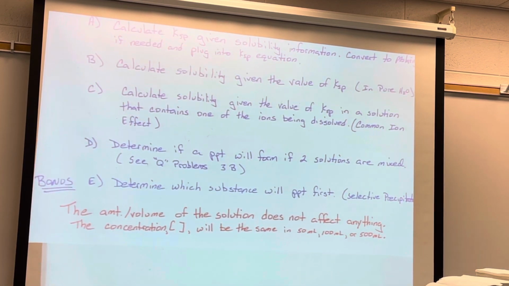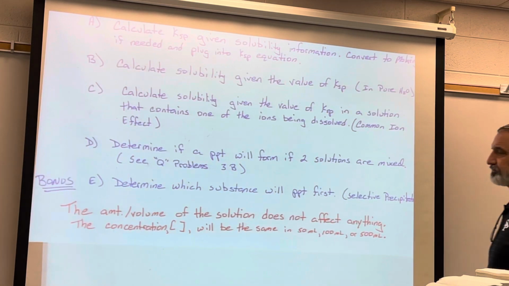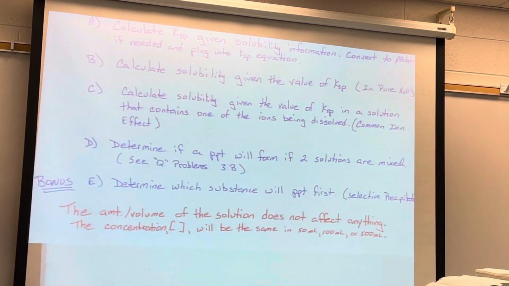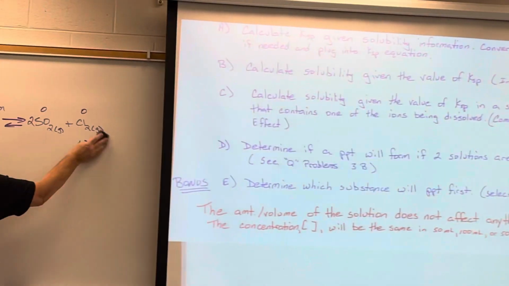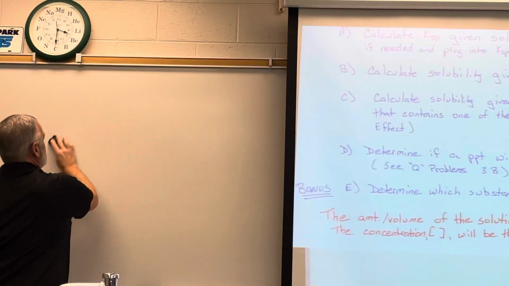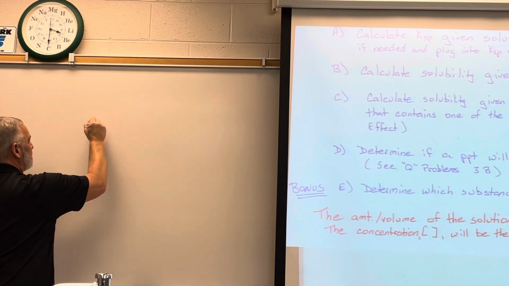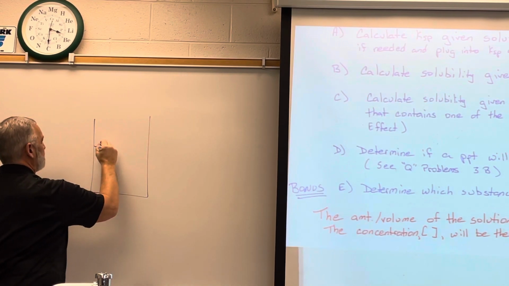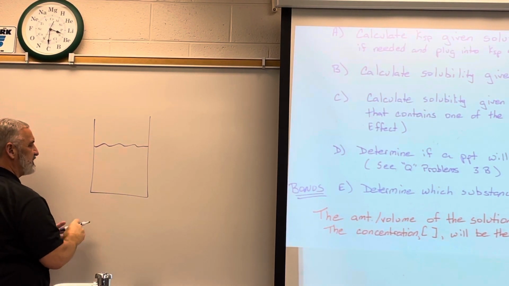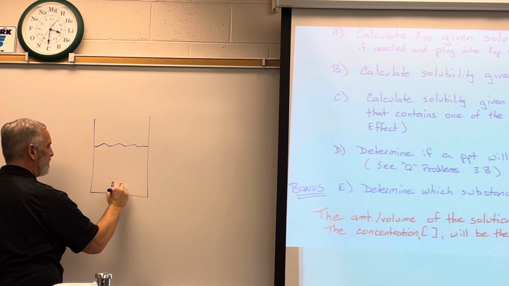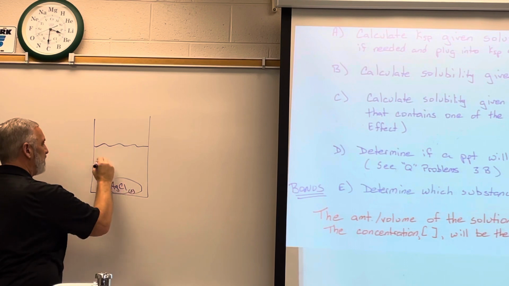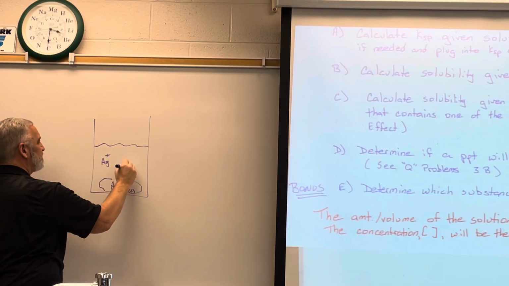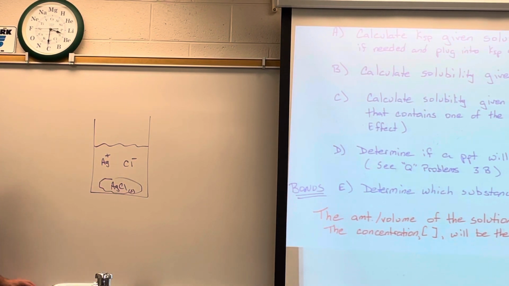Okay? So if I have a beaker with a solution. I'll just keep it simple. It's silver chloride. And I have some solids sitting on the bottom. And I have Ag plus and I have Cl minus floating around in there.